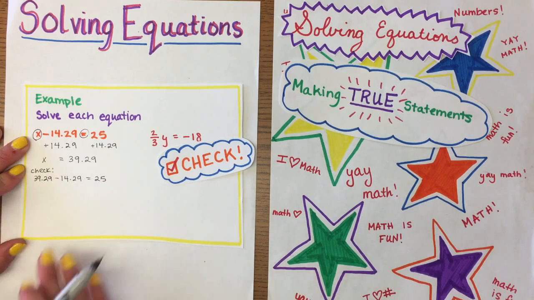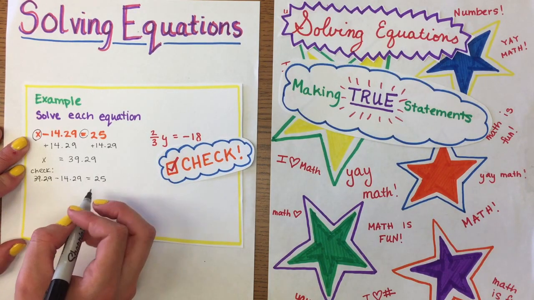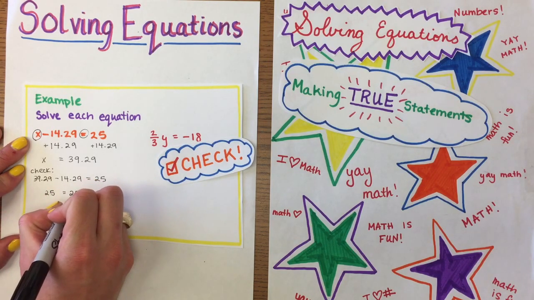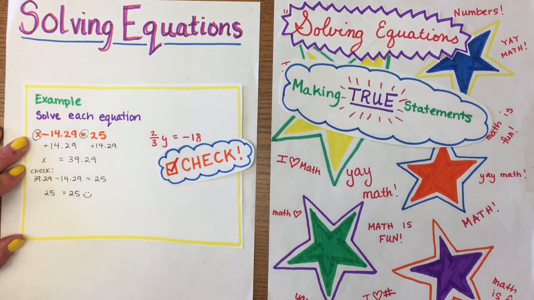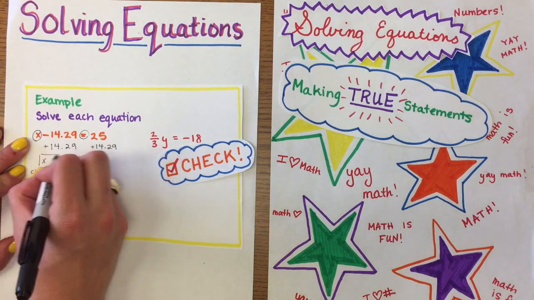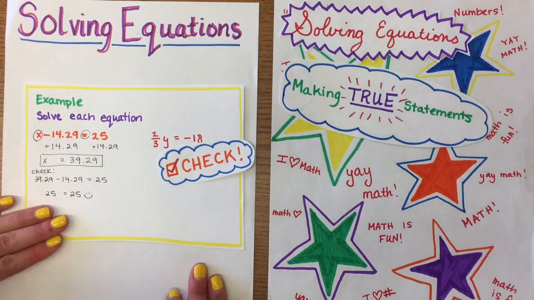So we just want to simplify the left and simplify the right. 39.29 minus 14.29 is 25. So I get 25 is equal to 25. That is a true statement. So when I plug in x equals 39.29, I'm making a true statement. So that is the solution to this problem.